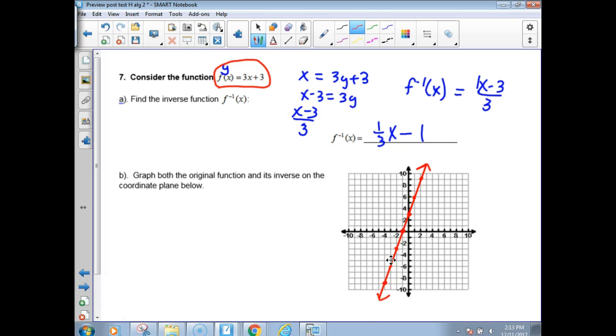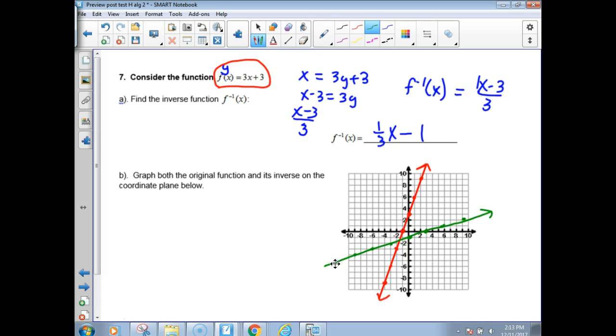All right, now I'm going to do the graph of the inverse of f of x. The inverse function has a y-intercept of -1 and a slope of 1/3, up 1, right 3. It should look like it's a reflection in the line y equals x, which you don't have to draw.